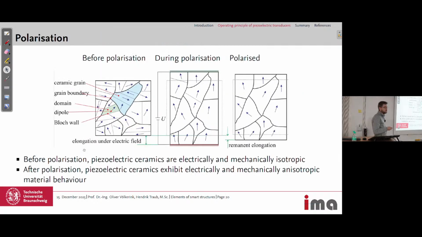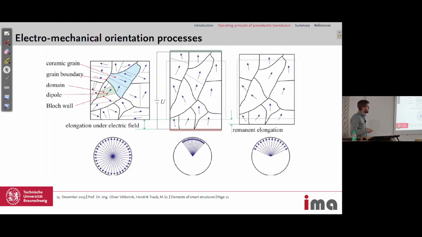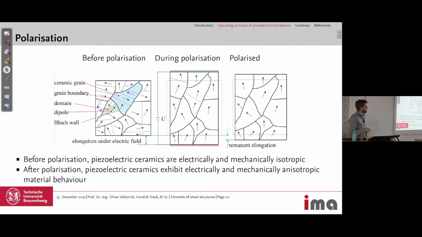If you reverse the electric field... Reverse. Okay, sorry. So if you reverse the electric field, you would lose the polarization. That's right. Sorry, I missed it.